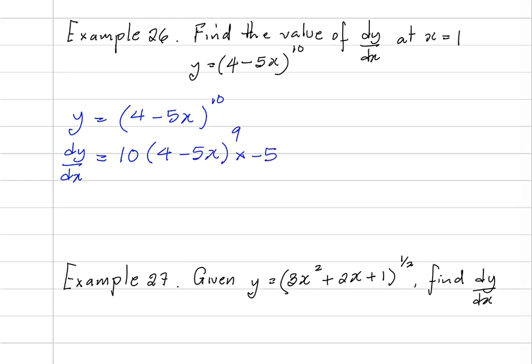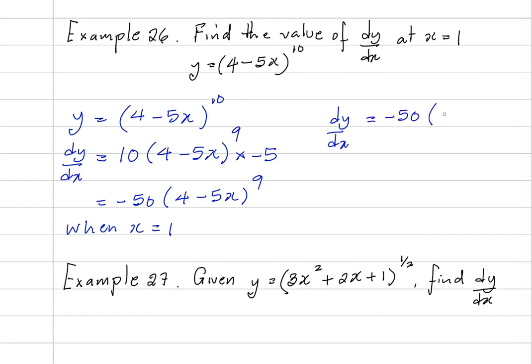When you differentiate 4, you get 0. When you differentiate minus 5x, you get minus 5. So this becomes minus 50, and then this is 4 minus 5x to the power 9. So when x is equal to 1, dy by dx would be equal to minus 50 times 4 minus 5 times 1 raised to the power 9.